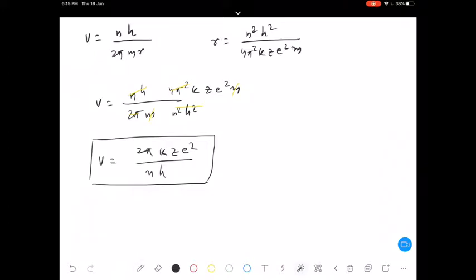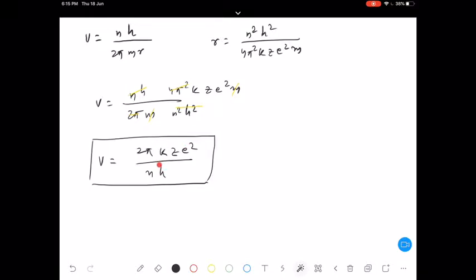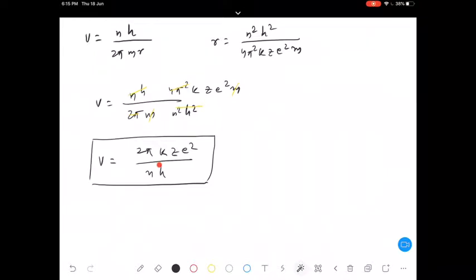Any confusion, any doubt? Again, we know the value of pi, we know the value of k, we know the value of e, we know the value of h. So I can put these values and I can write velocity, it will be coming out to be some constant c2 multiplied by z by n.